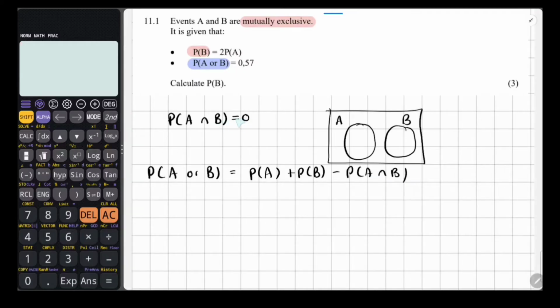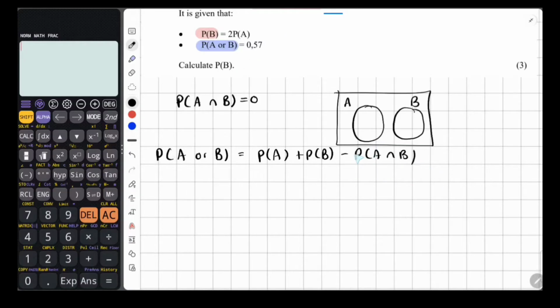But in this case, we know the intersection is 0. So you don't even have to include that. We can just remove that. You can say minus 0 and show them that, or you could even remove it. It's fine. They would know that this is mutually exclusive events.